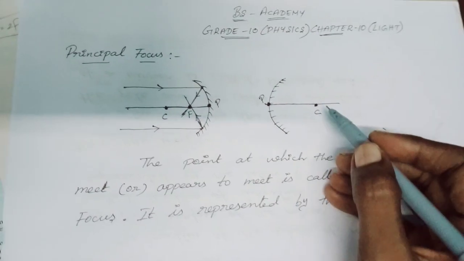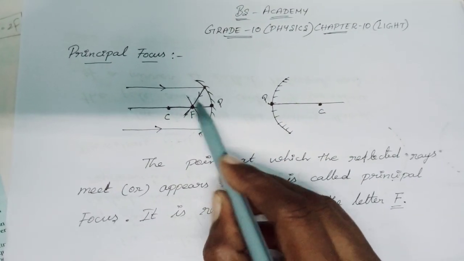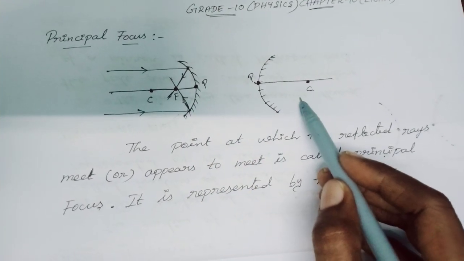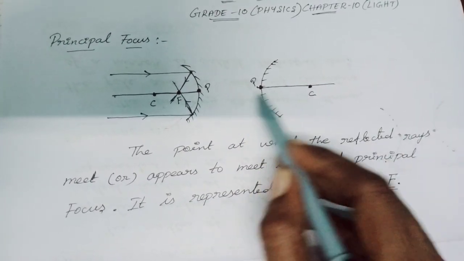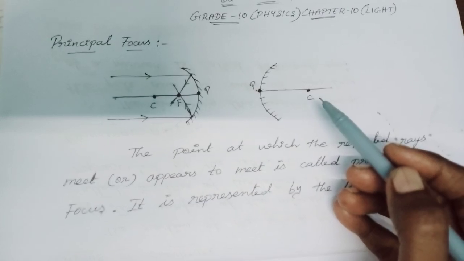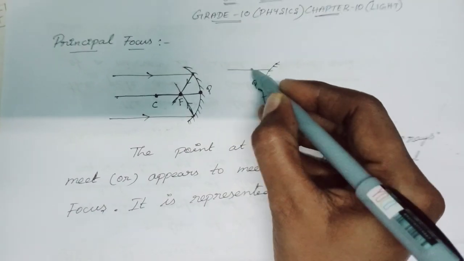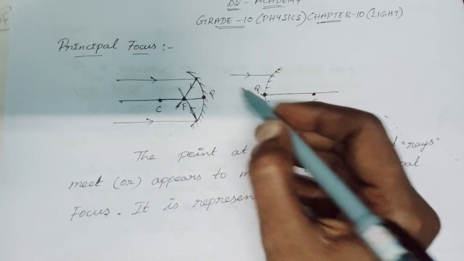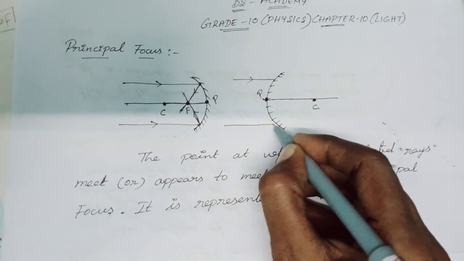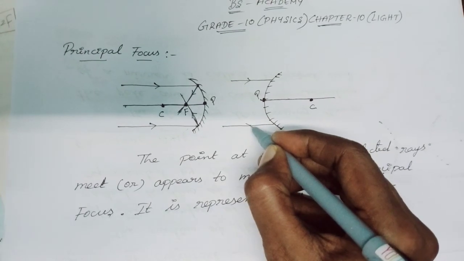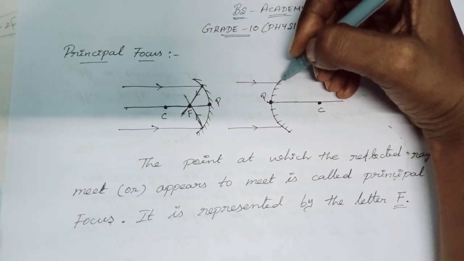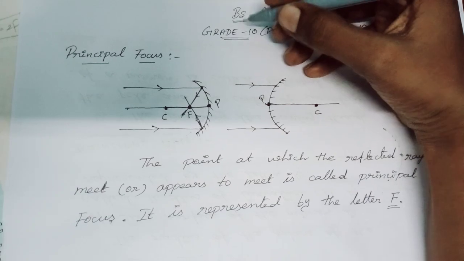Now, the same way as we discussed for the concave mirror, consider the parallel rays falling on the convex mirror. These are the parallel rays falling on the convex mirror like this. What will happen? The incident ray which falls on the convex mirror will get reflected back.